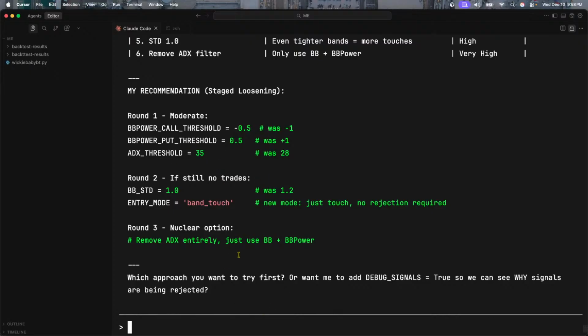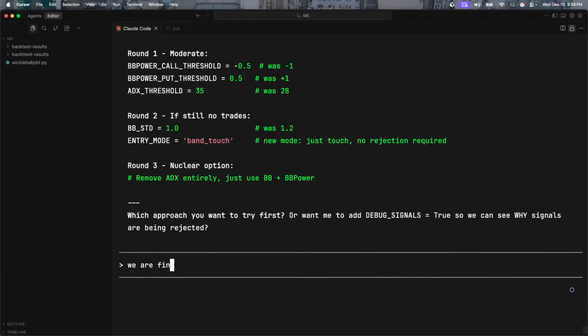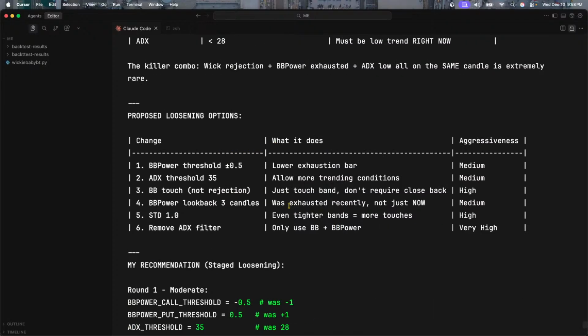So I'm fine with this. Let's do negative 0.3 and positive 0.3, and then ADX of 38. What else?